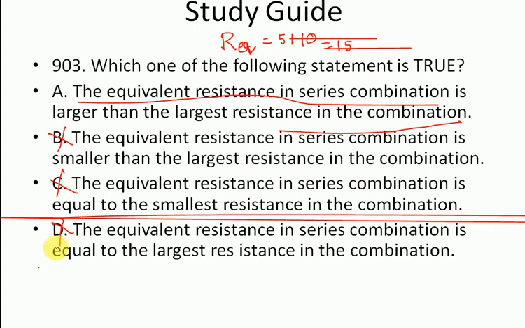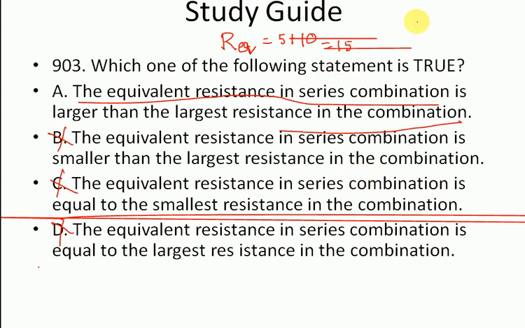Now let us move to another concept: the equivalent resistance in a parallel combination is smaller than the smallest resistance.